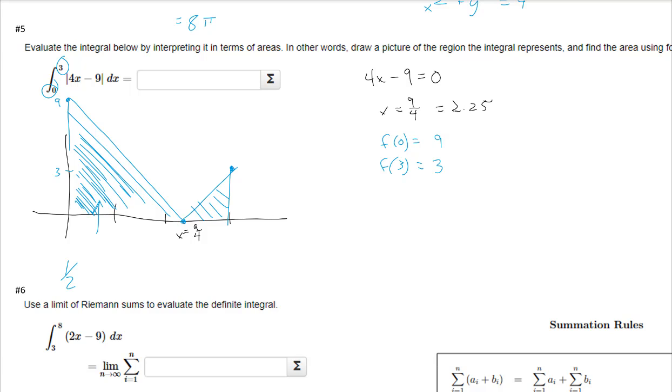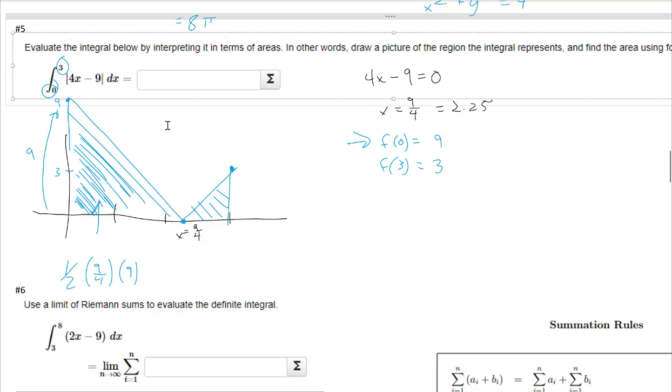The base, in this case, is 9/4. And the height is 9. And remember, I got the height by plugging in x equals 0. And the base I got because that is the 0 of my absolute value function, so that's where it hits the 0. So that's the first one.